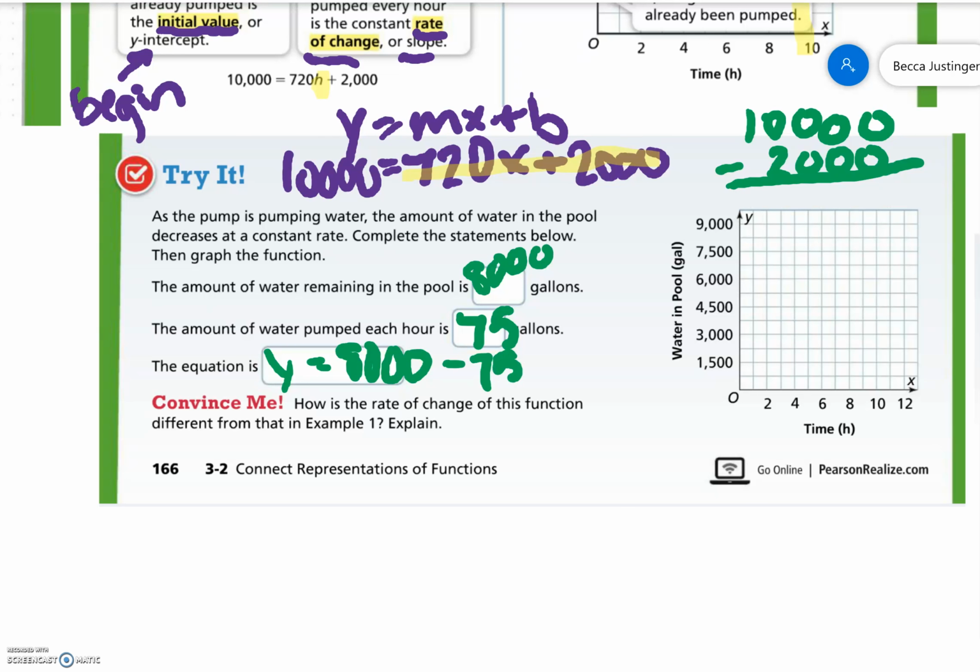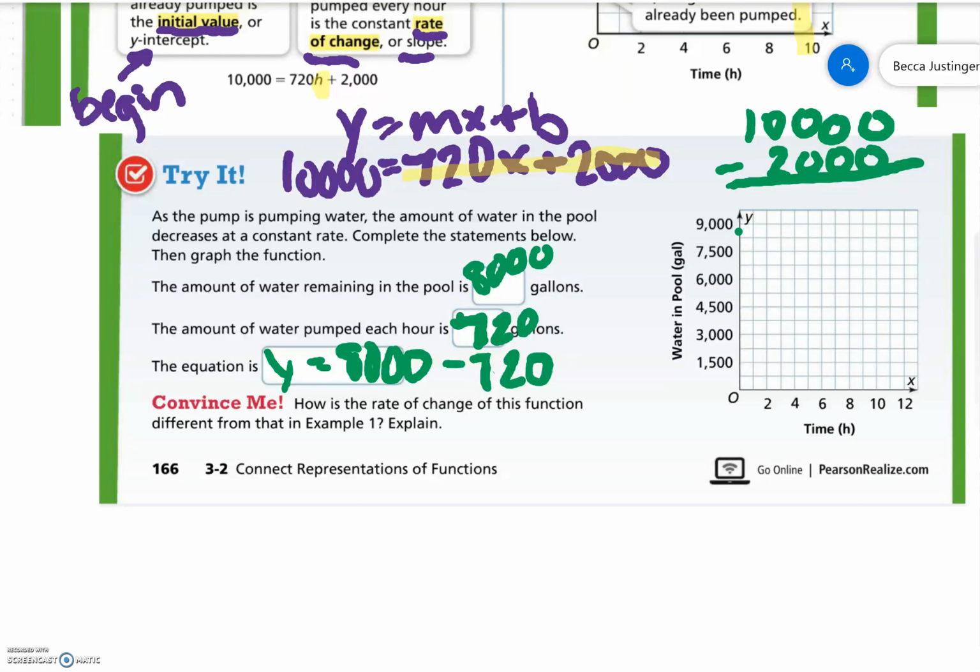750. Oh, I'm wrong by that anyways. I hope someone caught it. 720. So that is 8,000 minus 720. So we're starting at 8,000, which is somewhere here.